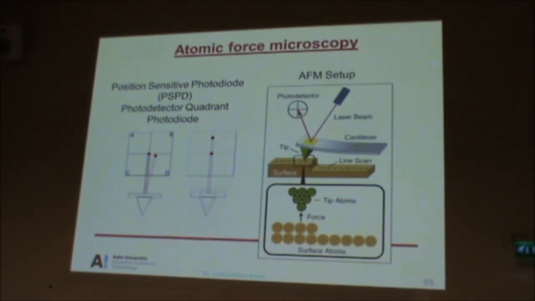The way it works is you have 4 photodetectors, and you start off the instrument by making the laser fall exactly at the center, and depending on whether the cantilever is moving up or down or sidewards, the beam also moves up or down or sideways. And depending on the signal transduction that happens here, you can predict how much the cantilever has moved and in which direction it is moving. And that is the basis on which you can use a vibrating cantilever to measure interactions between a surface and an AFM tip.